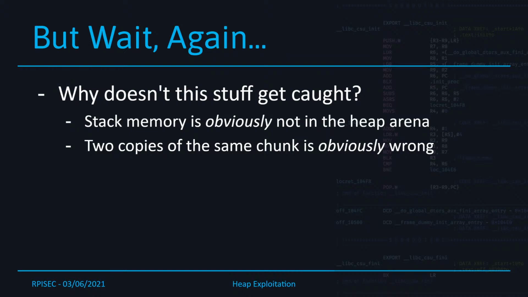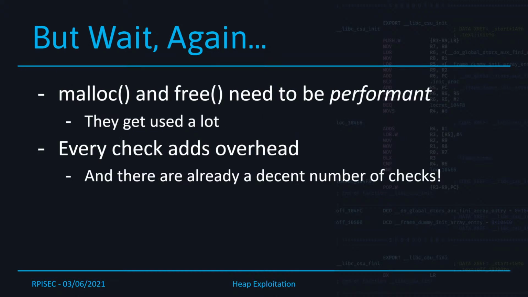And if I put two copies of the same chunk in a list, it's obviously wrong. Surely it could just check the whole list, say, oh, you have a duplicate in there. Well, as I mentioned before, malloc and free need to be ultra performant. They're used constantly everywhere by everything. And every single one of these checks adds overhead. You're doing more work.